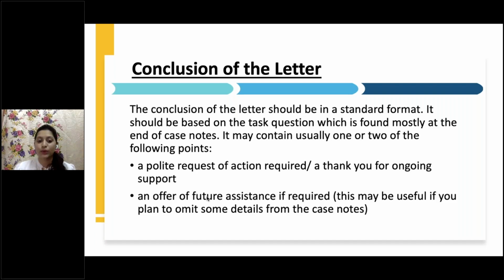That is a polite request of action required, or a thank you for ongoing support. Please do not write thanks a lot. That is basically informal language. So always stick to thank you. That is formal language. An offer of future assistance if required. So this may be useful if you plan to omit some details from the case notes. Say your letter is becoming too big and you've omitted a few details, you can always include this.